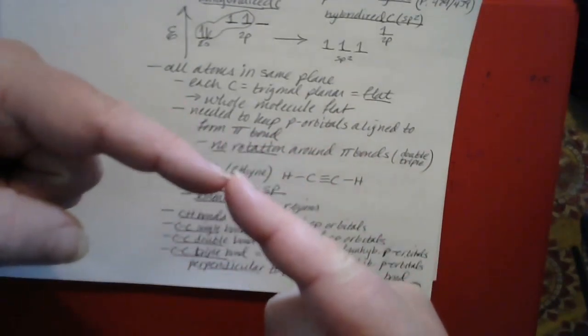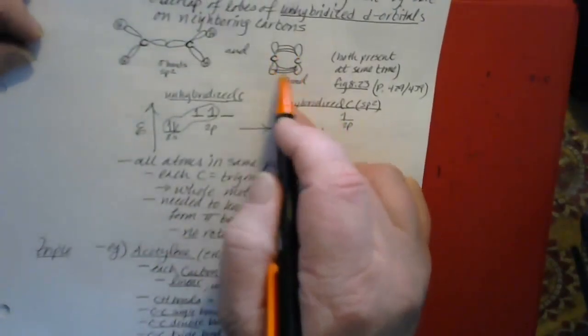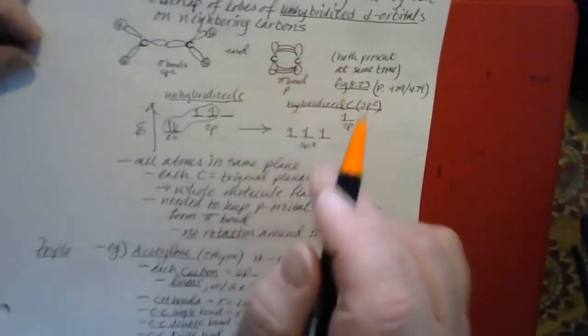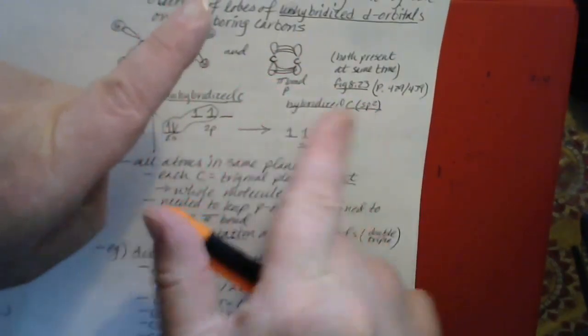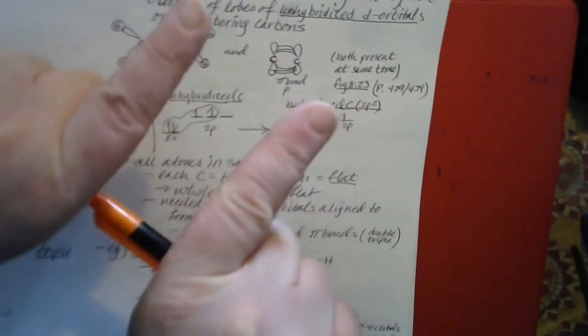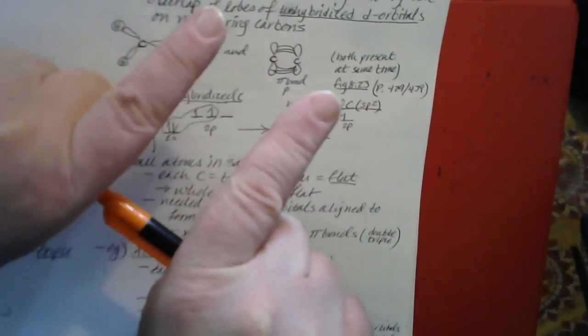As I think I mentioned before, sigma bonds, since they constitute hybrid orbitals meeting end to end, you can rotate around single bonds or sigma bonds. But in the case of pi bonds, you need this side-to-side overlap to occur, and that requires the p orbitals to be lined up in the same orientation.